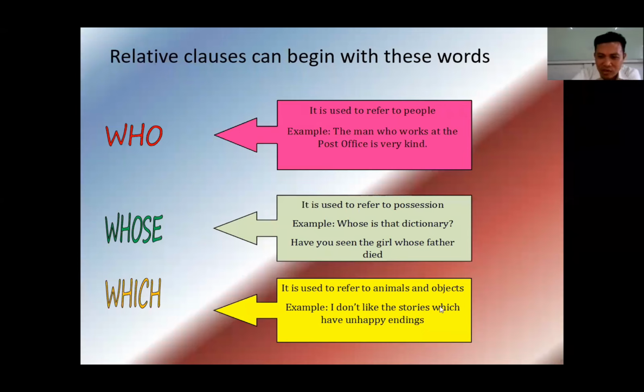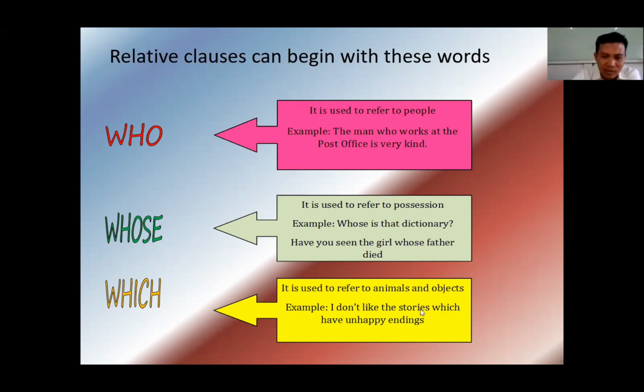So here, I don't like the stories which have a happy ending. Which here is a subject or object? It is a subject. Which, for people, animals, can be for subject and also for object.